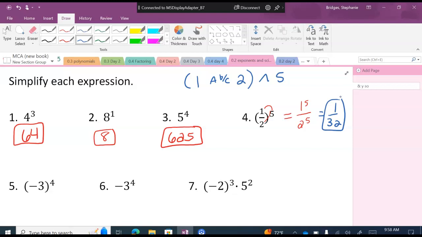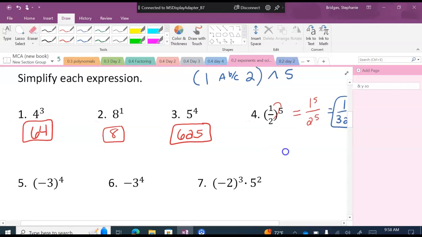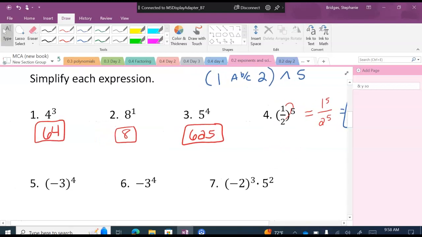What is the difference in the way the questions look? One has a parenthesis, one does not.